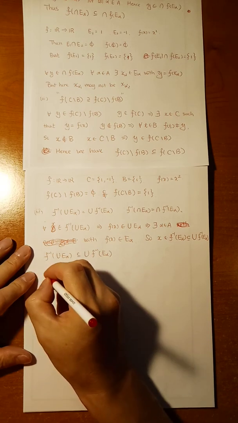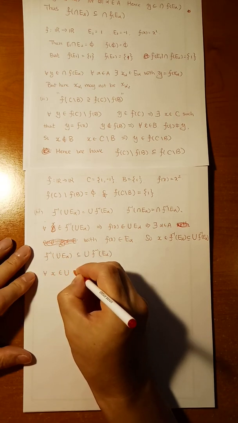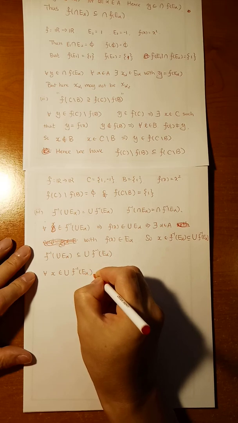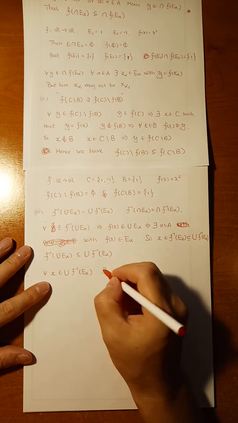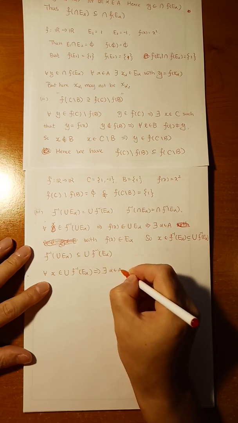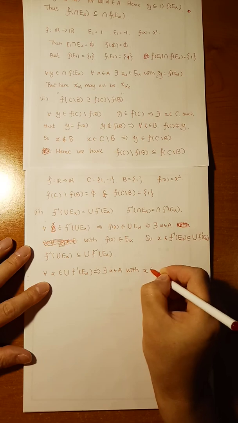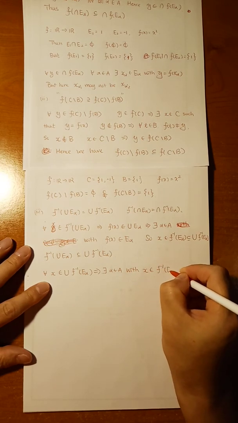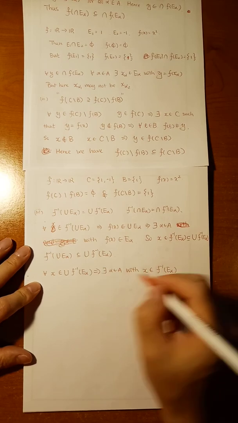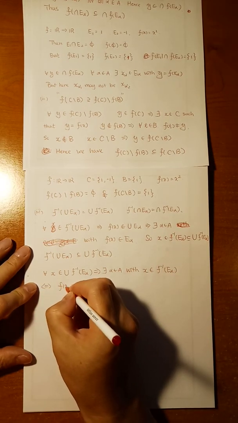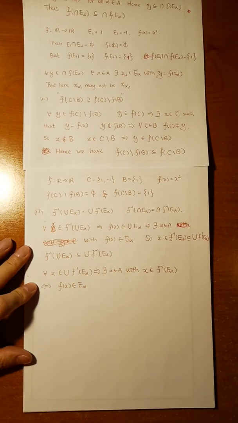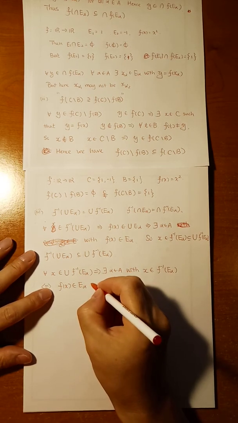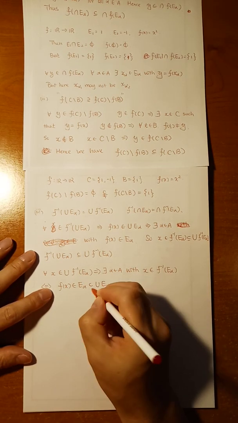The other direction, for all x in the union of F inverse of E alpha. Then there exists alpha in A with x belonging to the F inverse of E alpha. This is equivalent to saying fx belongs to E alpha, which is a subset of the union of E alpha.